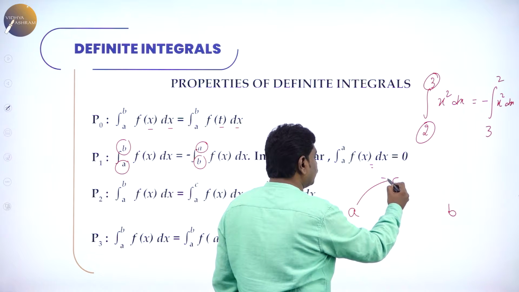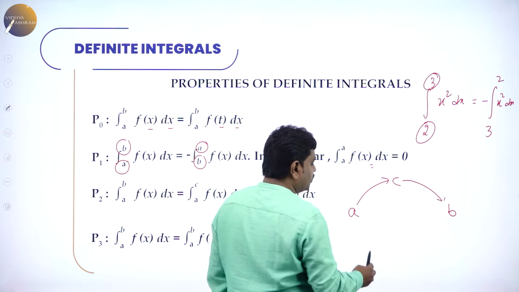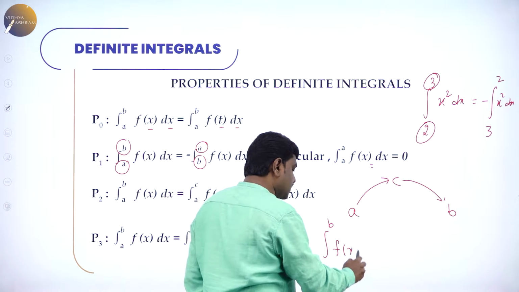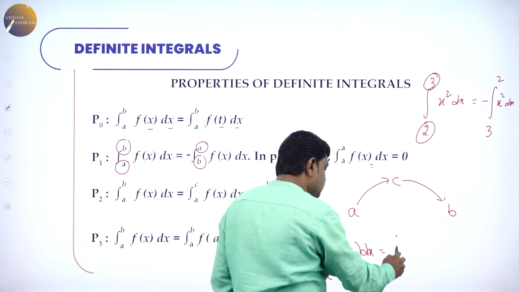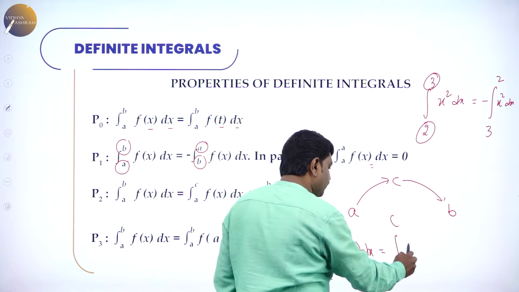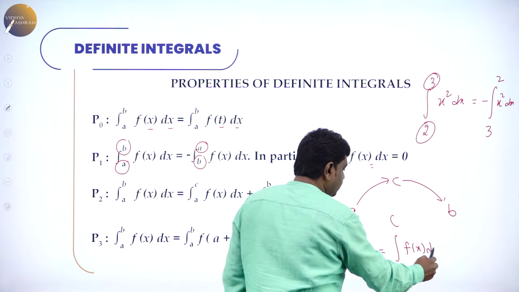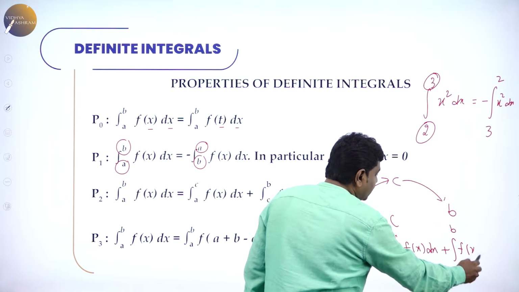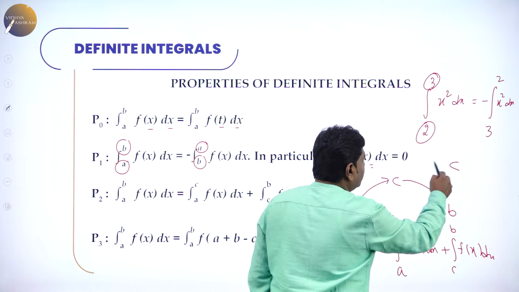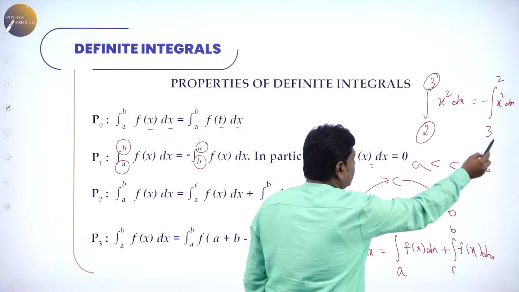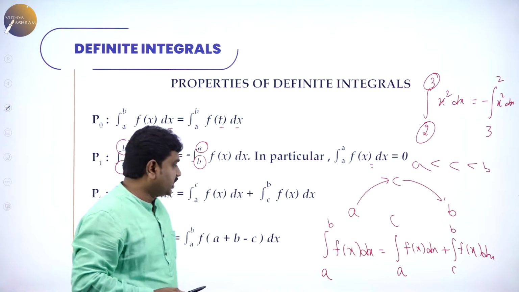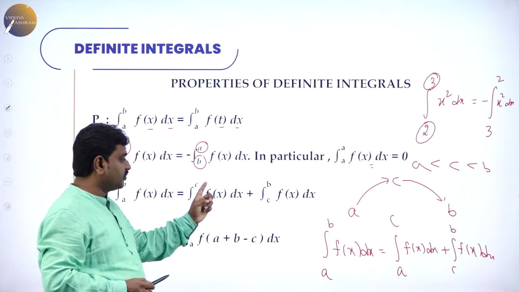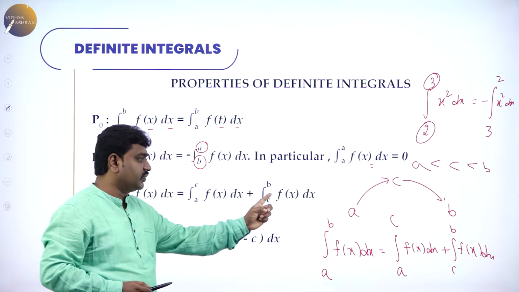First I'll go from a to c, then I'll go from c to b, where c is a value lying between a and b. C should lie between what? A and b. So integration of a to b f of x dx can be written as integration of a to c f of x dx plus integration of c to b f of x dx.